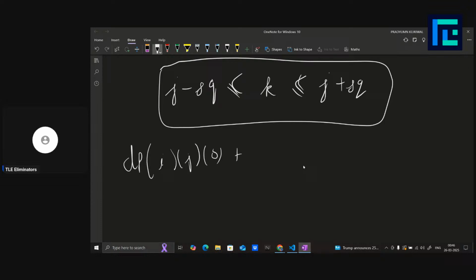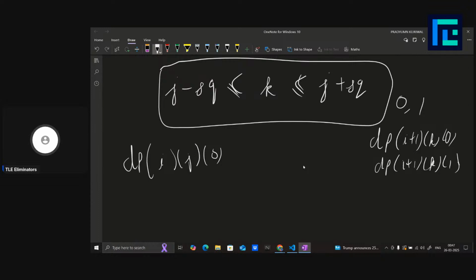Another thing, I can transition from both the 0 states and 1 states of these. So I can transition from both dp[i+1][k][0] or dp[i+1][k][1]. I can transition from both of these, right?